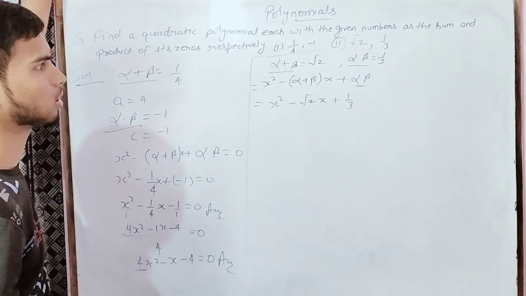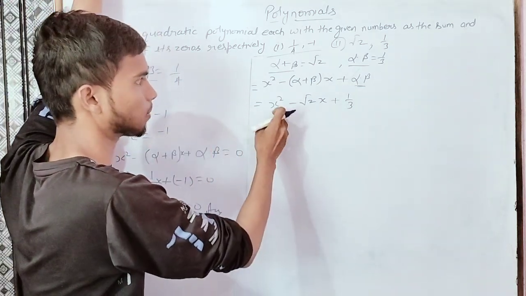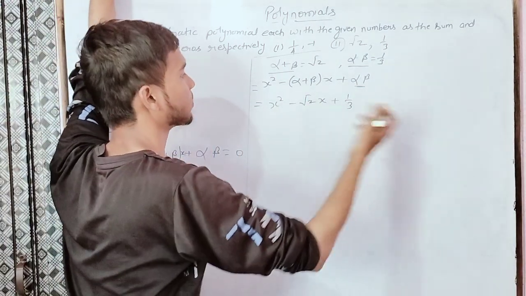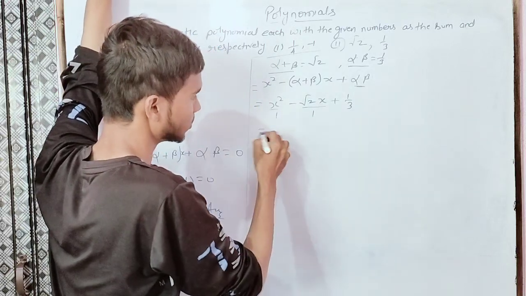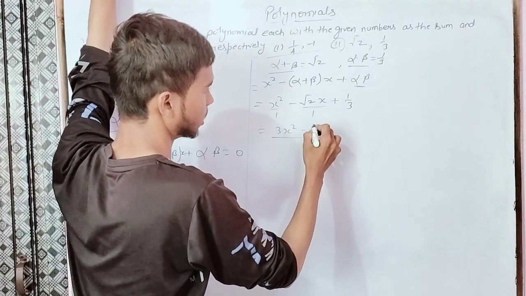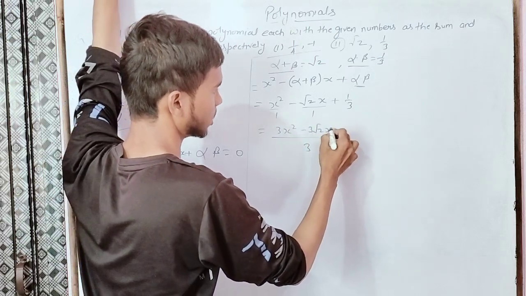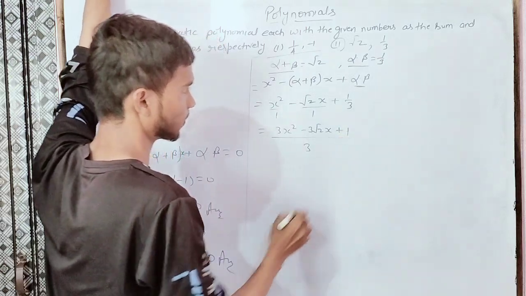So I think yeah, we have a fraction, then we can simplify it. It can be simplified further. 3x square and 3 root 2x and it will be 1.